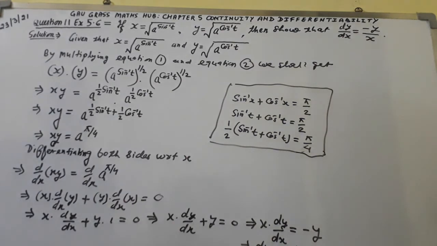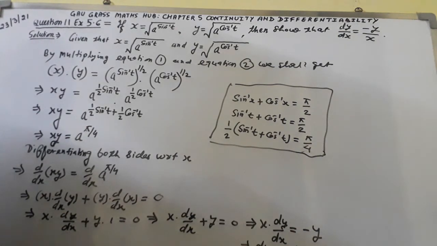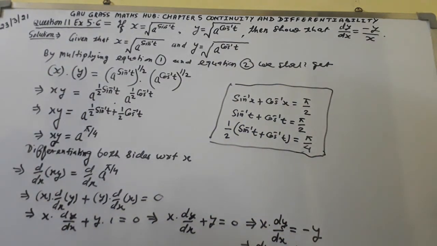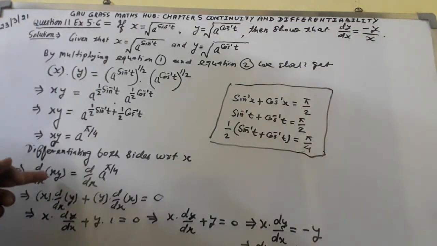In this way, this question number 11, exercise 5.6 has been solved by using alternate method. Here I have used product rule. First function is multiplied to second function.